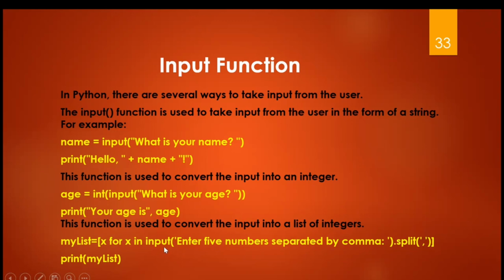Once the input is taken, let's say 1 space 2 space, or 1 comma 2 comma 3 comma 4 comma 5, it will split the values, create a for loop, assign the value to x, and form a list. This is the method which we explained in the last class.